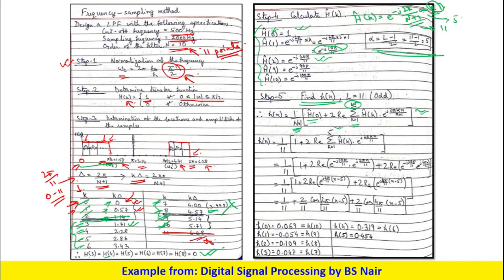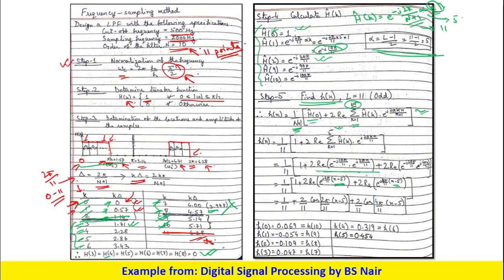We have just put the values. You have all these values from here, then you just have to take the values and solve it, and what you get is n minus 5 terms: e to the power j 2 pi by 11 n minus 5 and e to the power j 4 pi by 11 n minus 5.